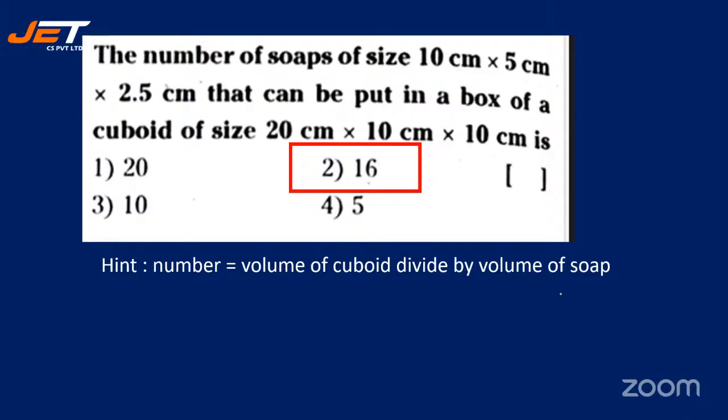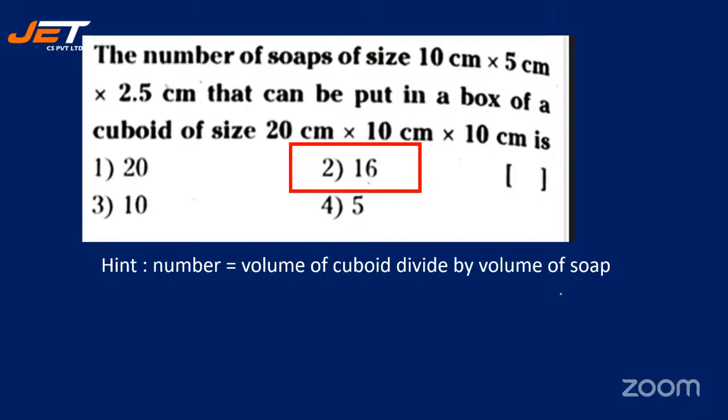Yes, so we already know that it is length into width into height, isn't it? So using that formula, you can find out length into width into height divided by the volume of the soap. That is 20 into 10 into 10.